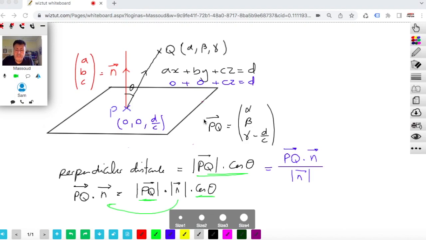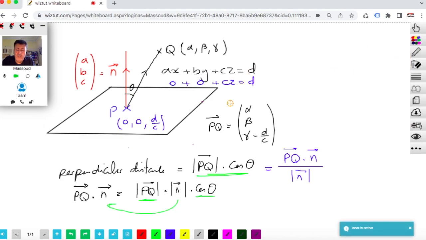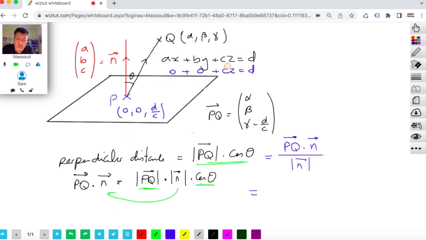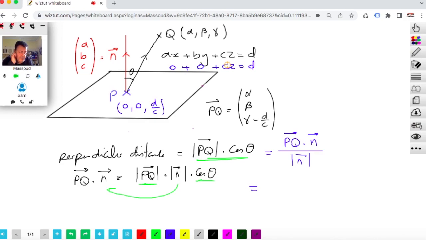Well, the dot product is simple. To find the dot product of PQ and n, that would be the x of PQ times the x of n, the y times the y, and the z times the z. So we are getting very close to the final formula for finding the distance.